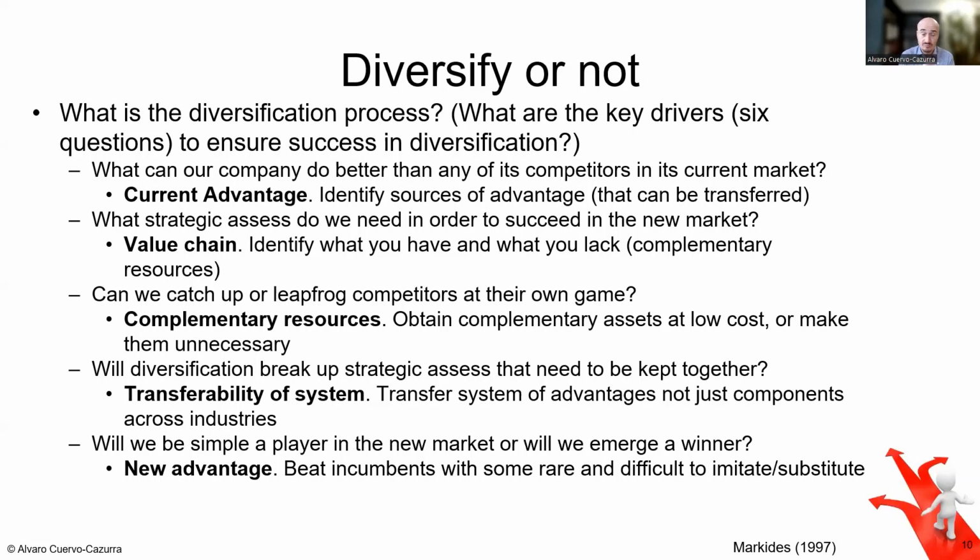Why? Because there are advantages, there are also limitations, costs. There is a cost of complexity. All of a sudden, I have to operate multiple industries. It's not just the size of the company, that's a cost of scale, but the differences in industries, the differences in clients, the differences in distribution systems and suppliers, that all of a sudden I have to integrate and manage.